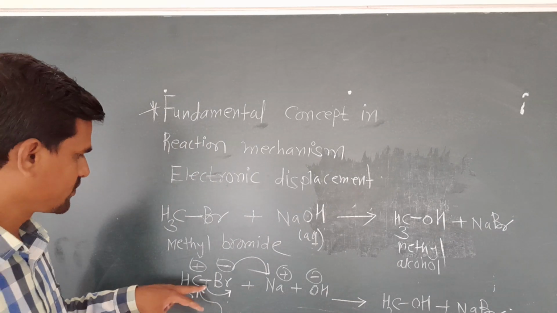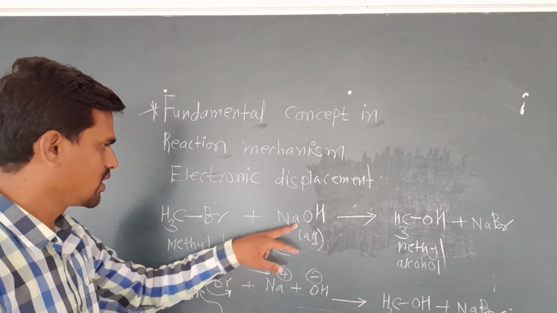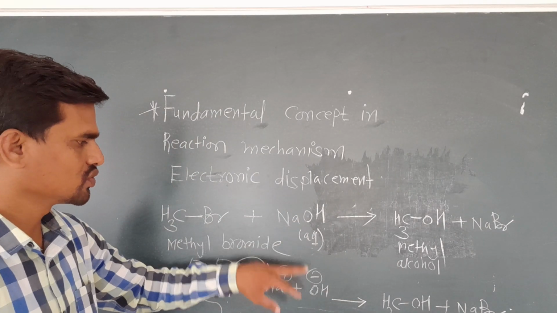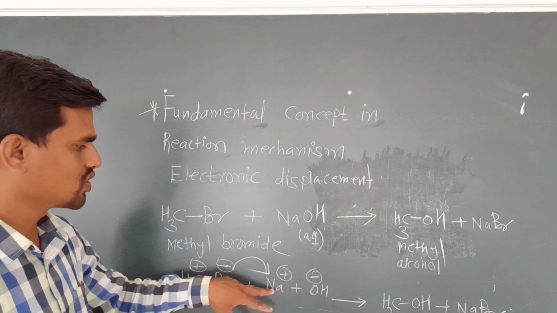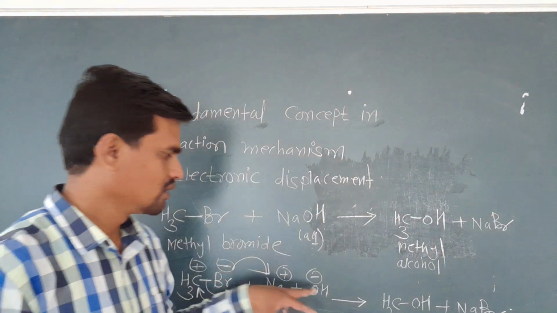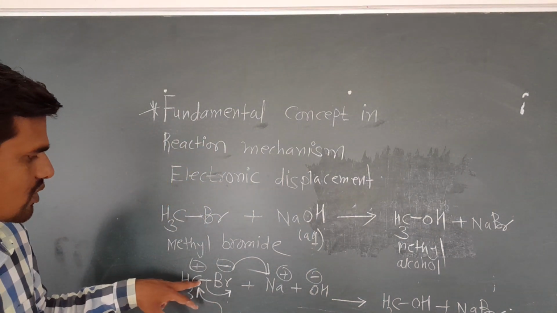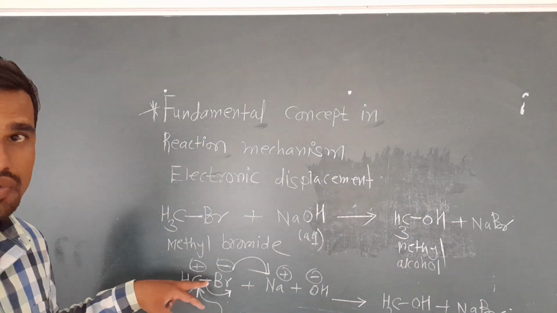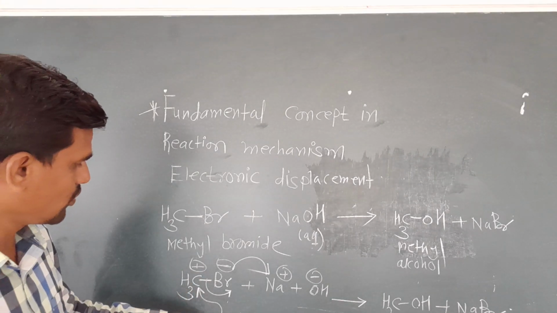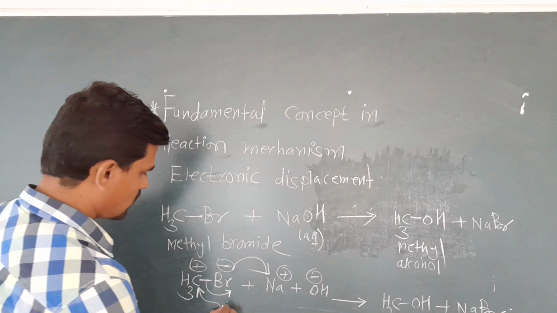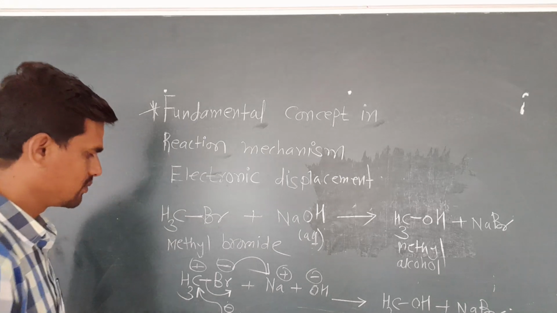First, this sodium hydroxide is dissolved in water, so sodium and hydroxide ions are formed. Due to the electronegativity difference of carbon and bromine, the electron density on this carbon is less. So the nucleophile OH attaches to the carbon atom.